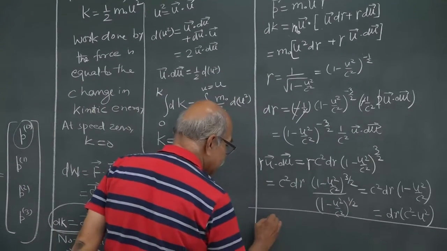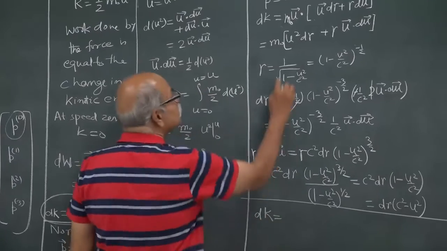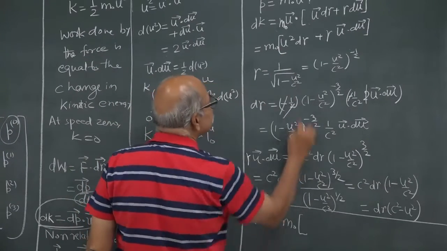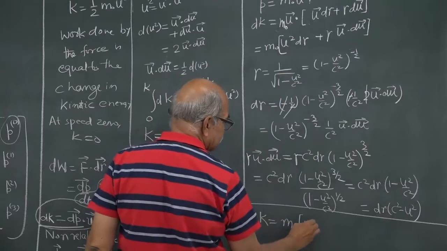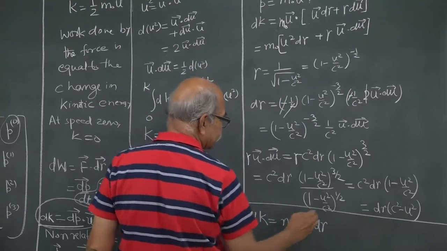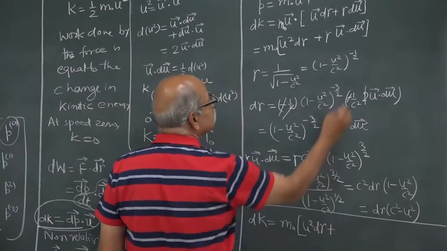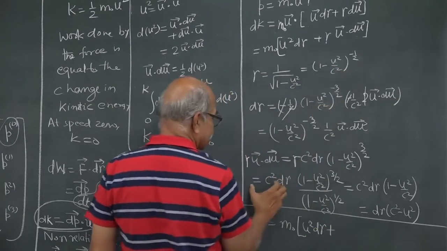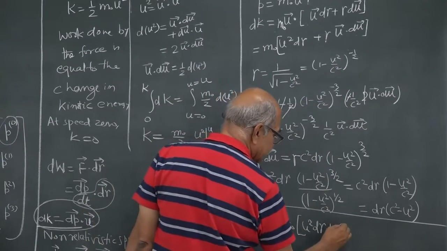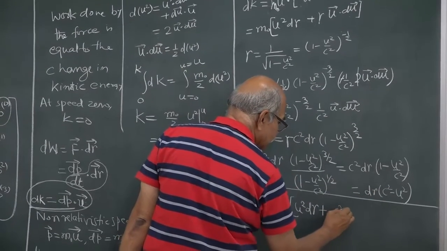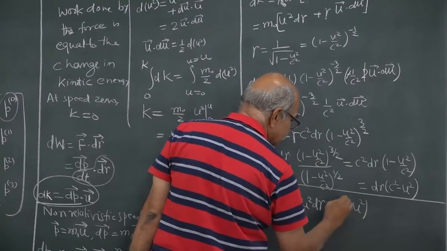So what is dk? dk is equal to m naught, and then u square d gamma, and then plus this expression, and this expression is here, it is d gamma (c square minus u square).